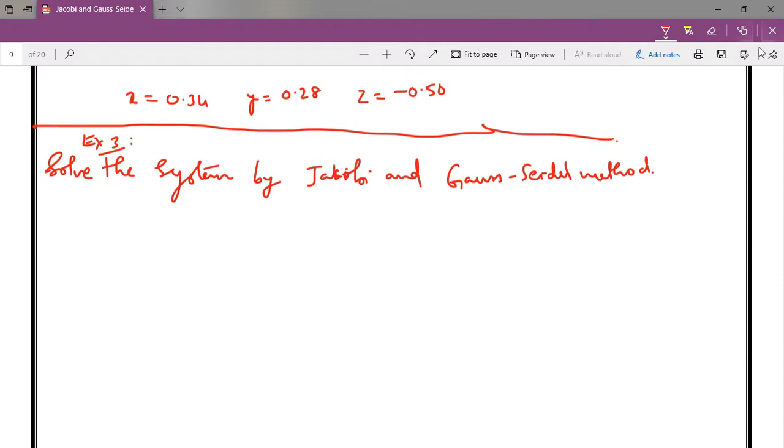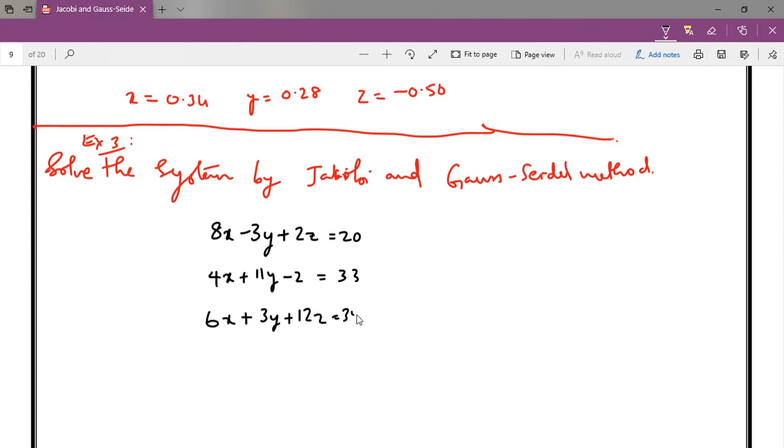So the given system is 8x minus 3y plus 2z is equal to 20. 4x plus 11y minus z equal to 33. 6x plus 3y plus 12z equal to 35.